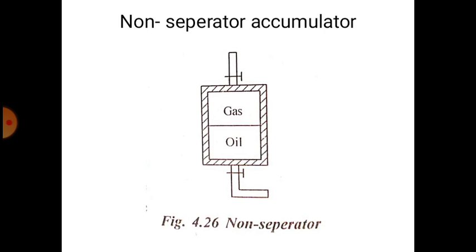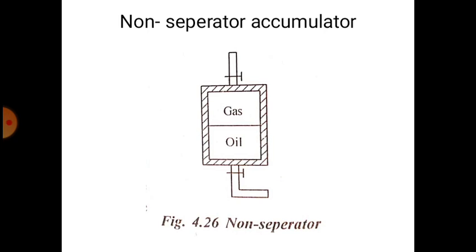So this is the non-separator accumulator. Oil and gas are in contact with each other. They are not separated. Oil is in contact with the gas. Here also, to charge it, first the gas is filled in the accumulator. Then that accumulator is fitted to the system.